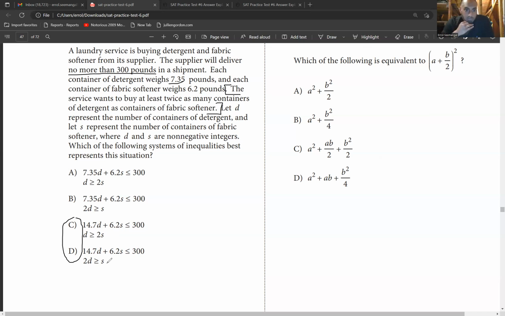Yeah. 2D is greater than S. The service wants to buy at least twice as many D. Twice as many D. Yeah, I think it's D. Yep. Let's check that one.